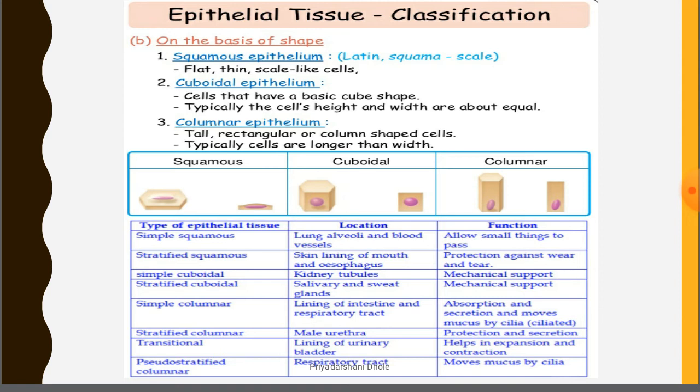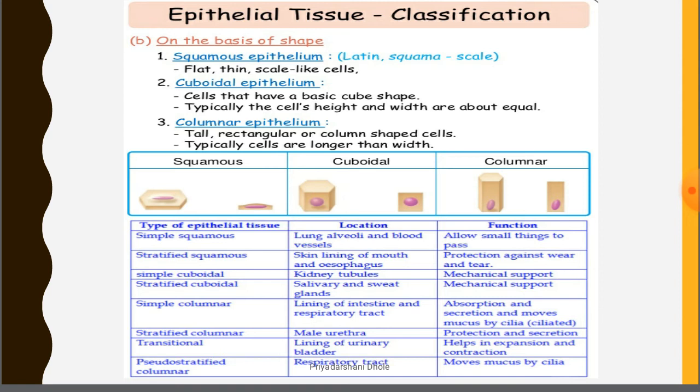Its function is protection against wear and tear. Third one is simple cuboidal. It is present in the kidney tubules. Function is mechanical support. Fourth one is stratified cuboidal. It is present inside the salivary and sweat glands, and the function is mechanical support. Then simple columnar. It is present in the lining of the intestine and respiratory tract, and what is the function?